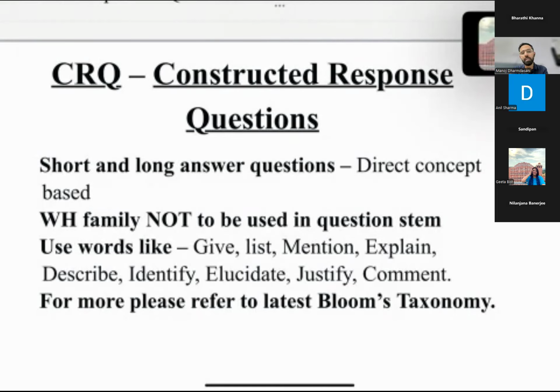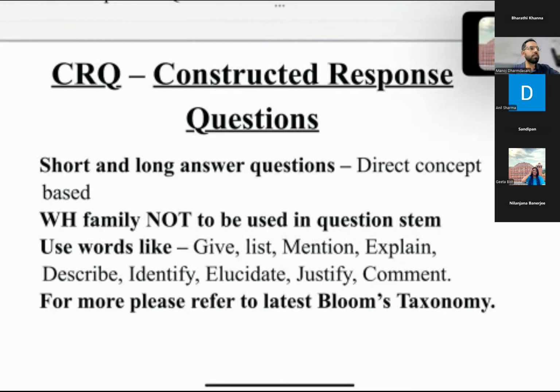With this highlight, they have done a very good job, and they have created this in their sample paper also. So we are hoping that this is going to be seen in the board paper as well. Now there is a question, sir, if we are advised not to use this WH family, which we used to ask, right?